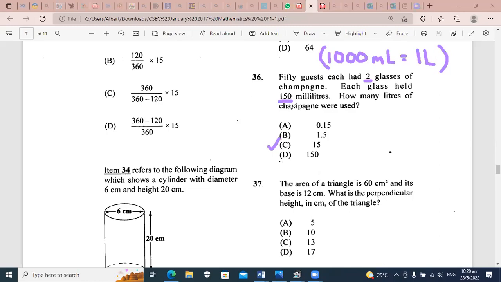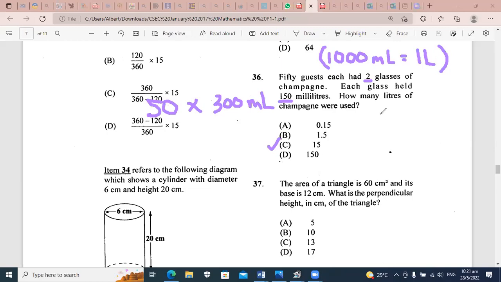Because each guest had 2 glasses, that means each guest would have consumed 300 milliliters. And how many guests do we have? 50. All right. So 50 times 300 is what?